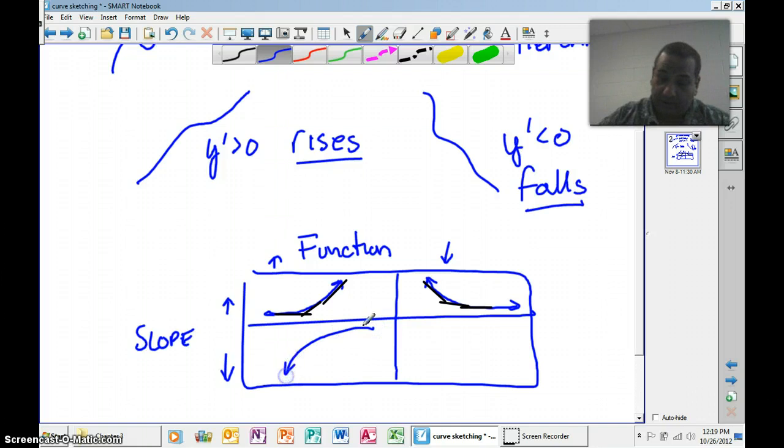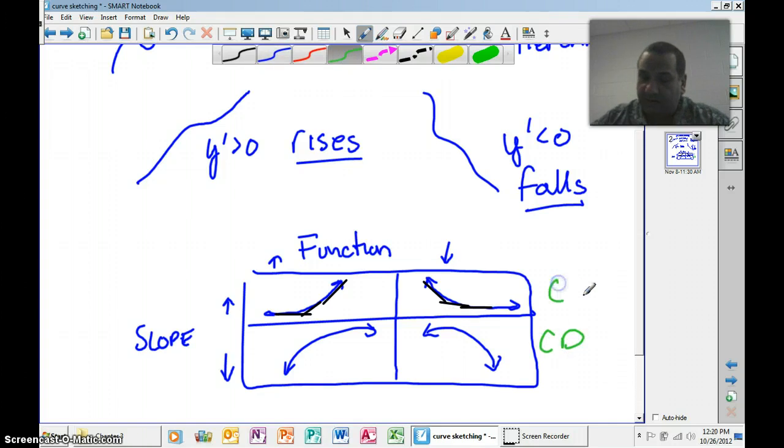And if you look at the slopes of these lines, here, here, here, they're all decreasing the slope. And this one would be that way. All the slopes are still decreasing and the function's decreasing. So these guys are the concave downs. These are the concave ups. Just looking at slopes. Okay?